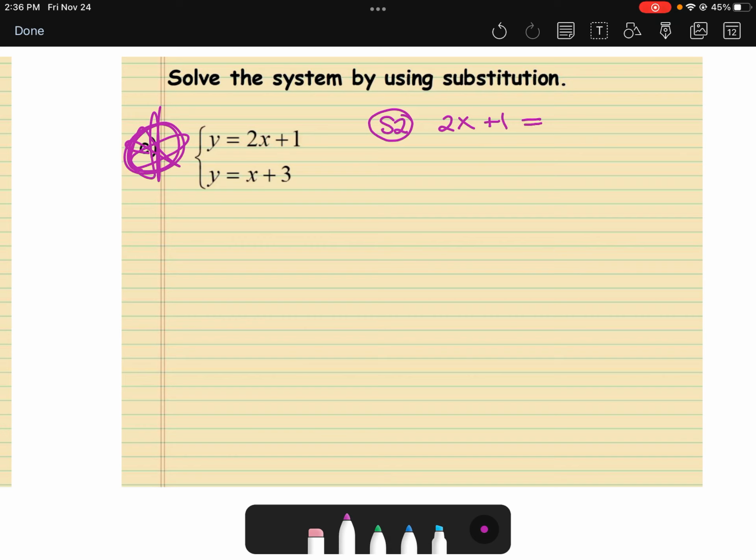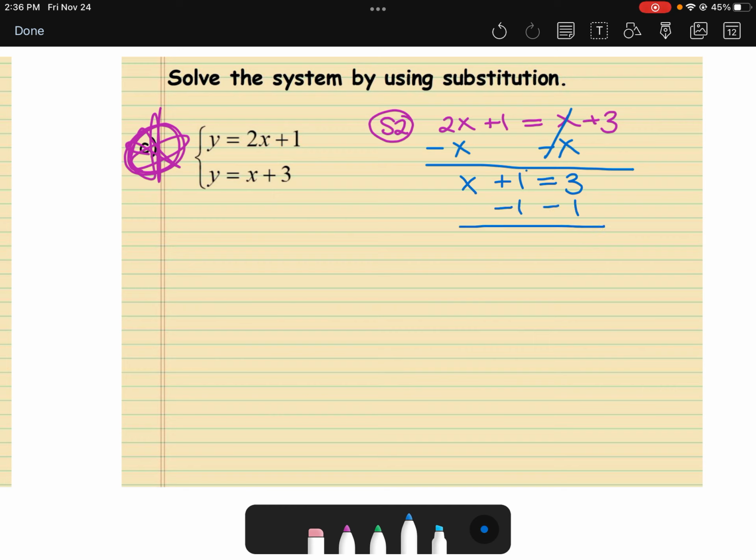2x plus 1 equals x plus 3. And now we're just going to solve like normal. So I'm going to subtract x. 2x minus 1x is 1x, or just x, so x plus 1 equals 3. And then to get x by itself, we're going to go ahead and subtract 1. So x is equal to 2.